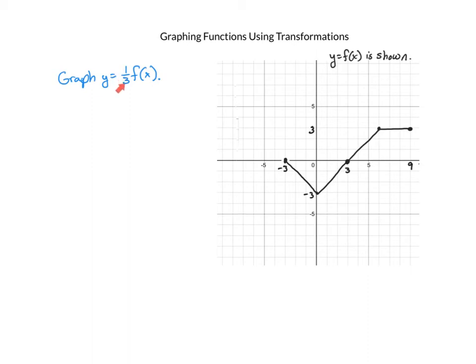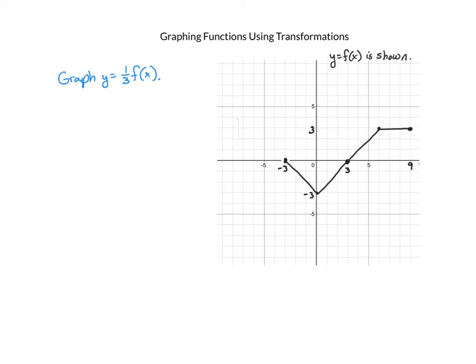Remember, a coefficient of the function will be a multiplier and will either stretch or compress the graph vertically. So it will compress the graph by 1/3. So our y values will be 1/3 as high. So here's what it looks like.